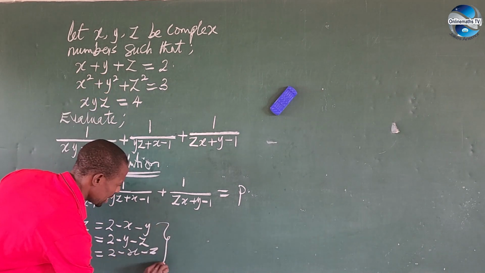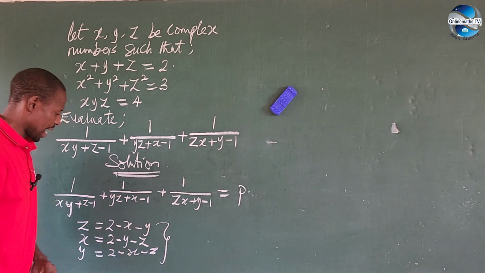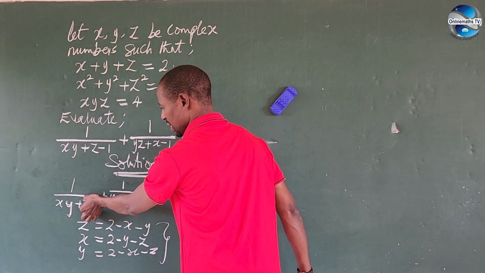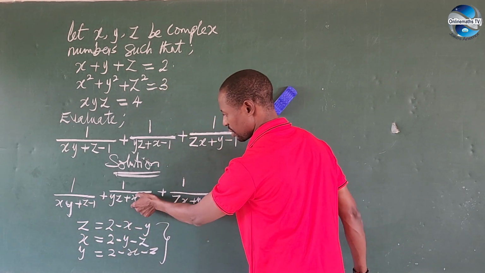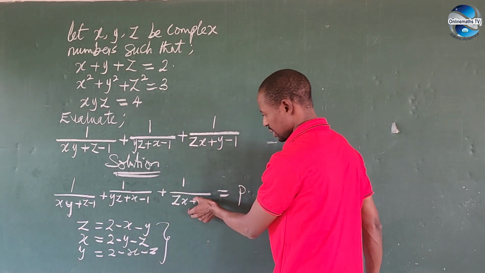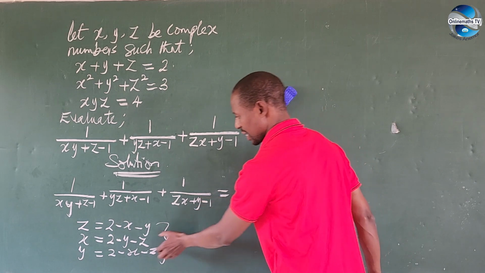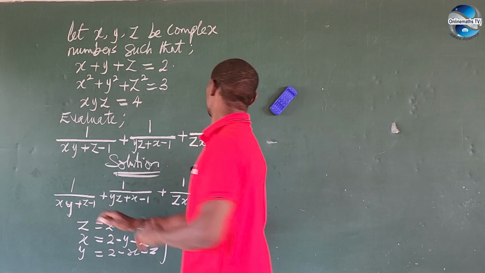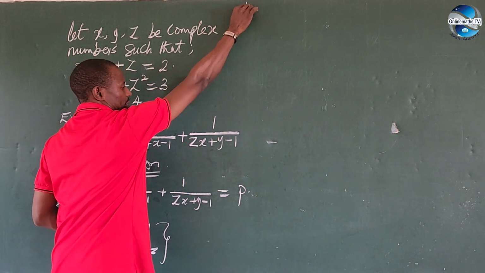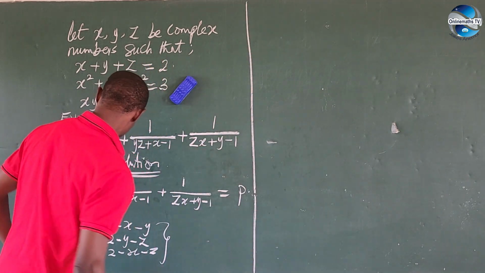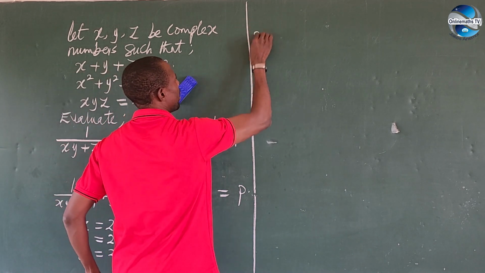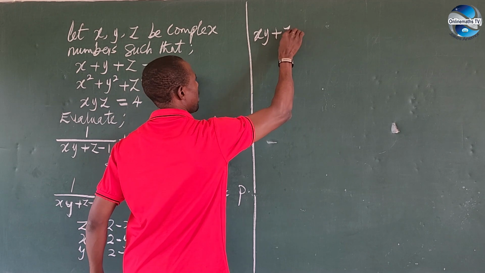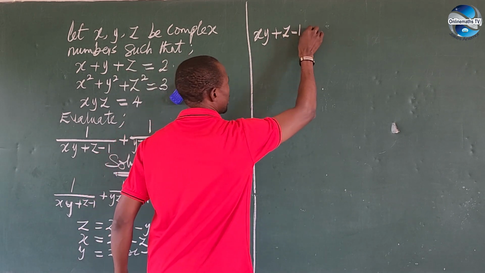Now from these three equations, what will I do here? I'm going to pick the first equation and replace z with it here. In the second, I replace x with this, and in the third, y is replaced here. So let's take the first one. We have xy plus z minus 1.